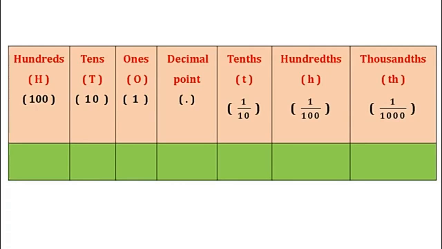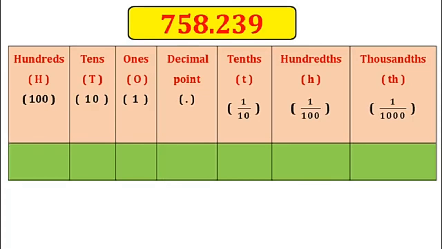Now, since we have understood the place value chart of a decimal number, let us look at an example. Let us take the decimal number 758.239. We will first write 7 under the hundreds place, 5 under tens place and 8 under ones place. Then we will put a decimal point.